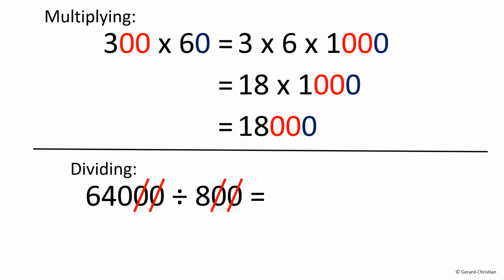I didn't write it out over here, but if you want, you can try on a piece of paper. 640 divided by 8, it's going to take the long division, you get the answer is 80. Now this surely beats taking 64,000 and doing long division dividing by 800. The number is so big, it's so hard to do.